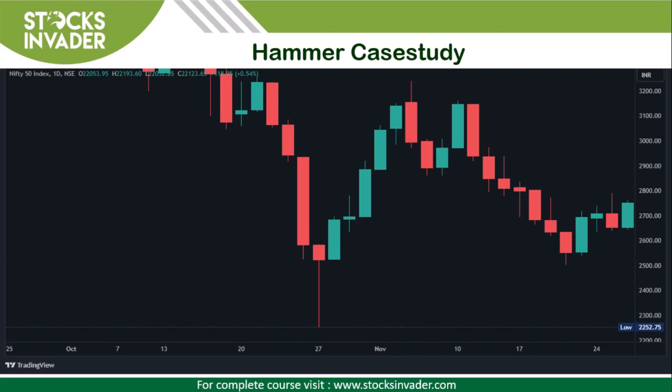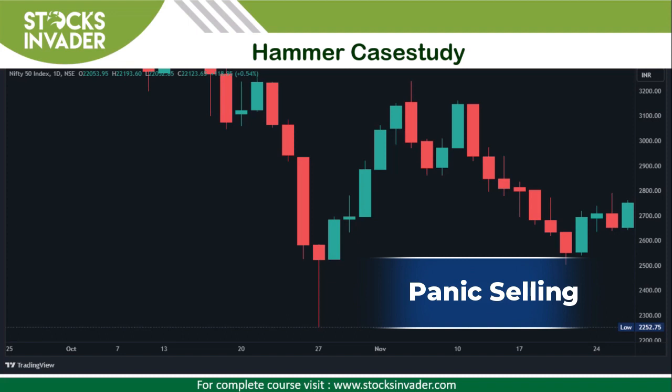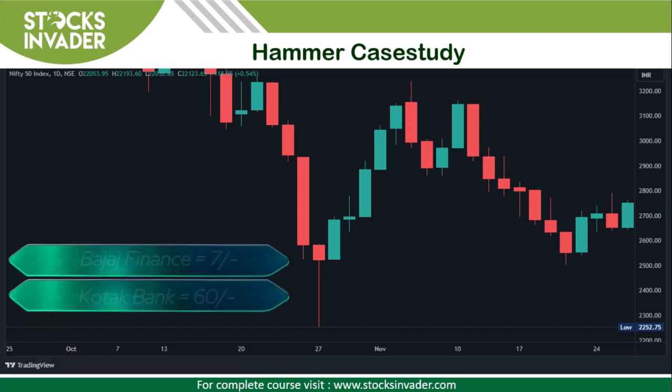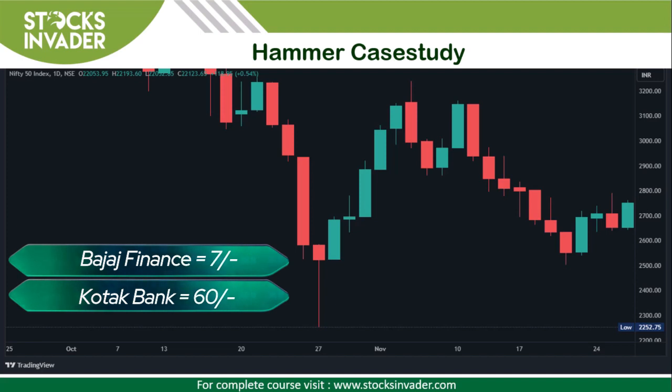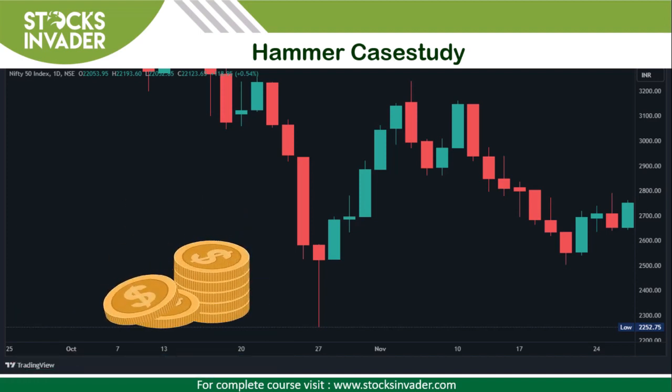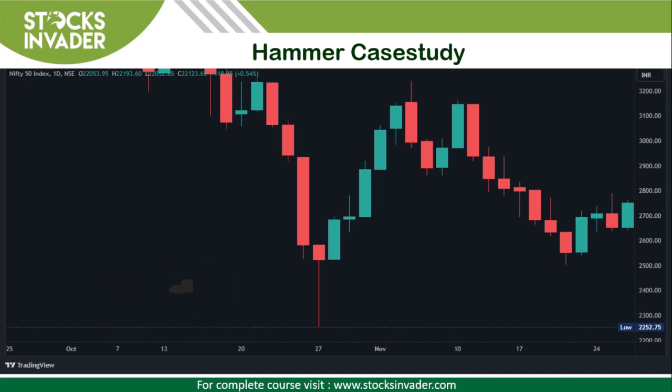On this day, the market witnessed panic selling. Now, if you were an investor on this day, you could have bought Bajaj Finance for just ₹7 and Kotak Bank for just ₹60. Almost all the stocks were being sold for throwaway prices. Majority of the market participants strongly believed that the market would crash further.